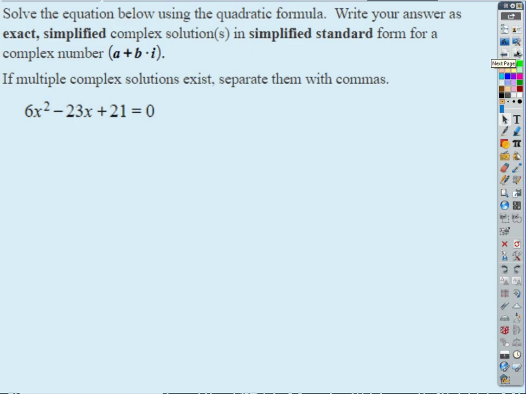Okay, so let's look at a couple more quick ones here. Is this in standard form? Yes, it is. And I can't simplify it, can I? These are handpicked because they're really good ones.